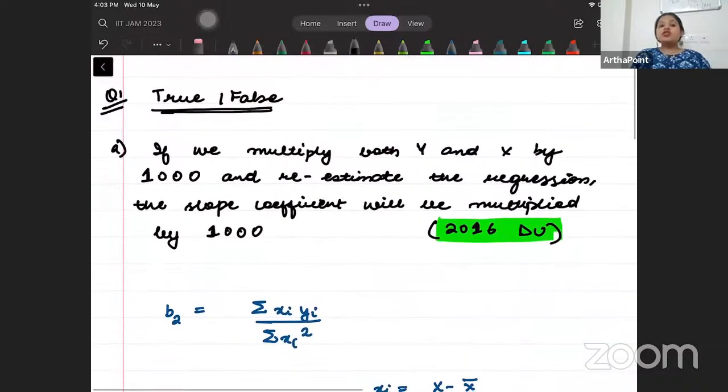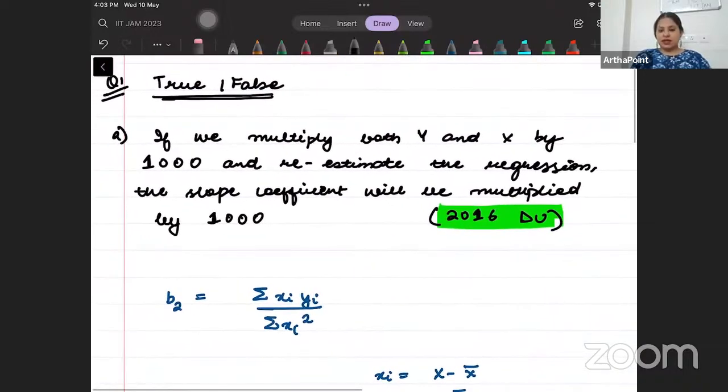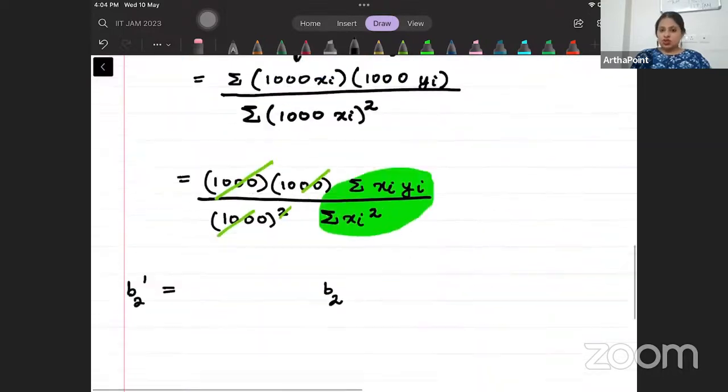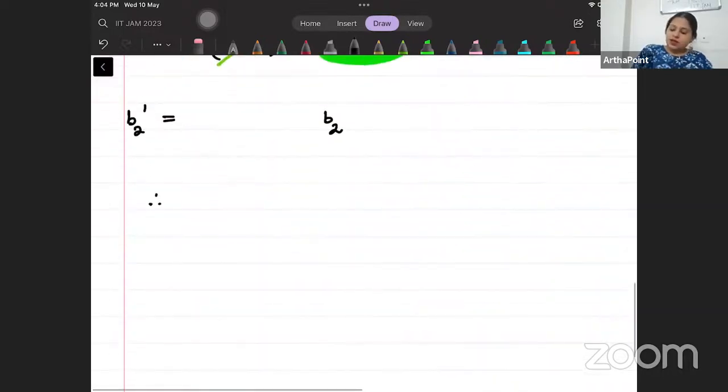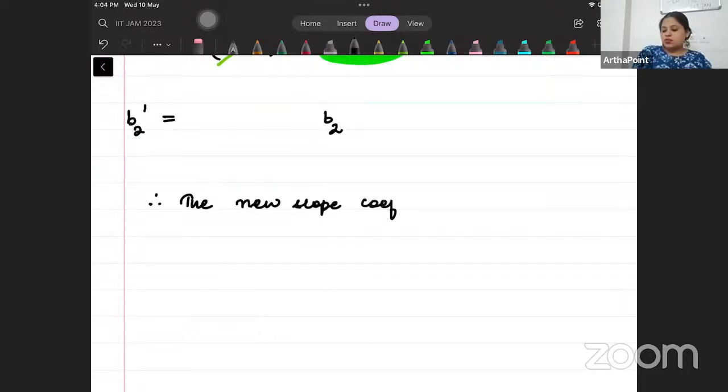The slope coefficient is not multiplied by 1000. It remains unchanged. So the new slope coefficient is the same as the earlier slope coefficient.